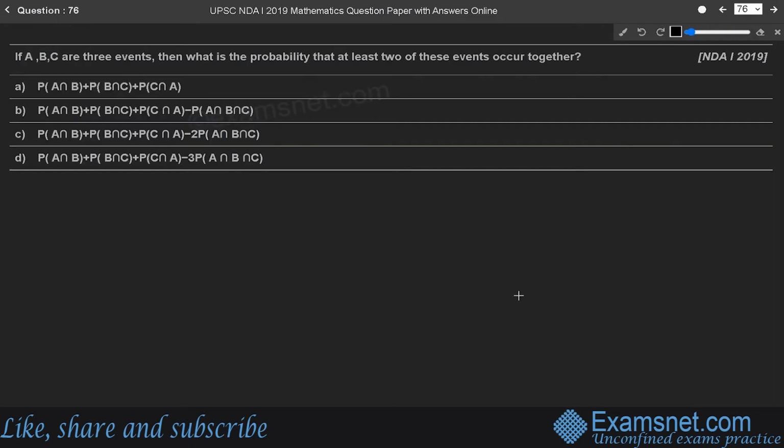Next question is, if A, B and C are 3 events, then what is the probability that at least 2 of these events occur together? See, this is a question which is a combination of probability and sets. So first let us make the 3 sets.